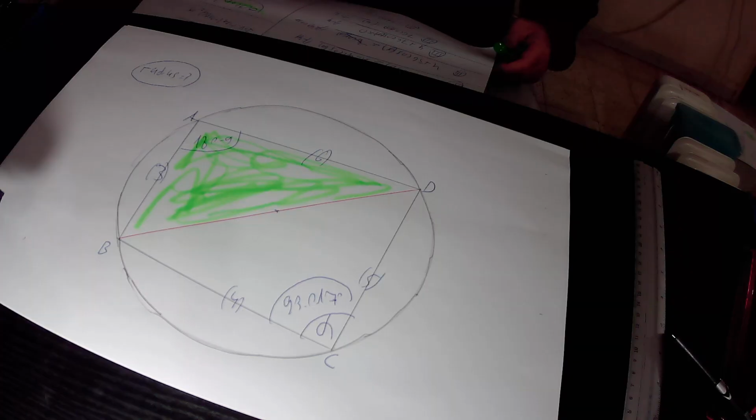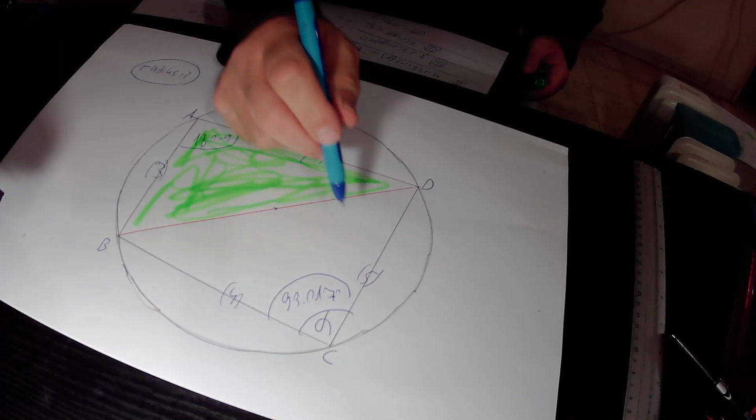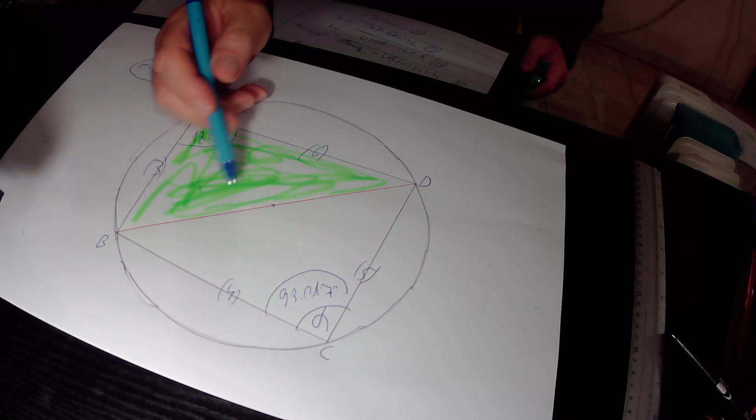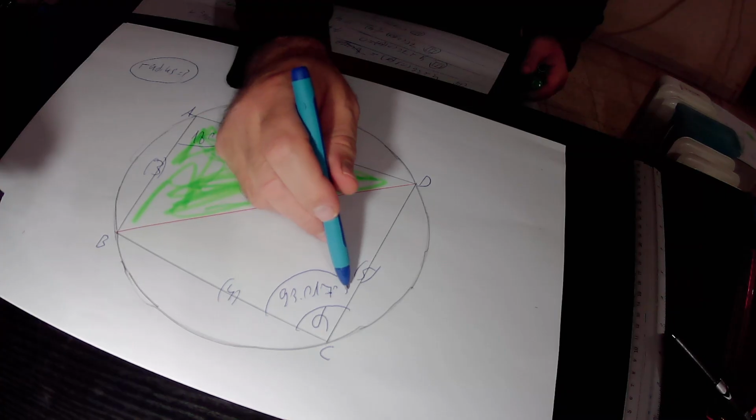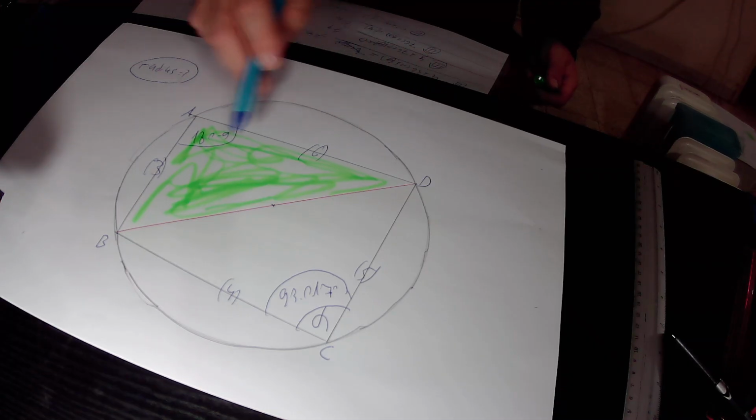In the next step, we will implement the law of sines in this lower triangle BDC, in its full version. But before that, we have to find the value of DB itself.